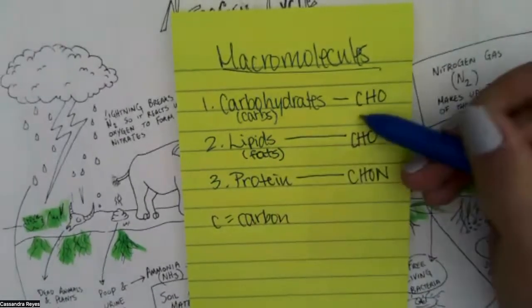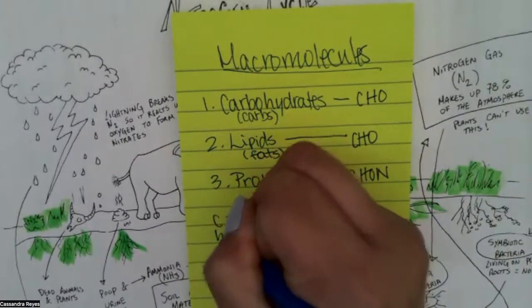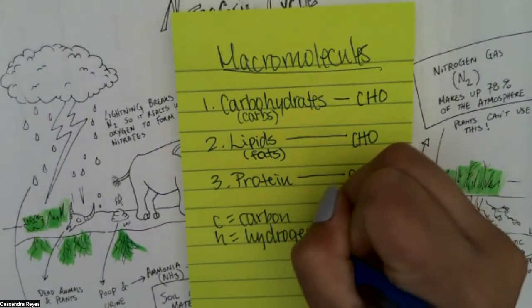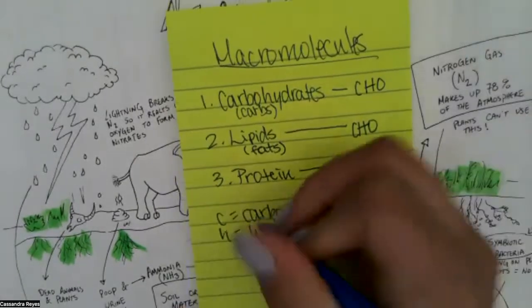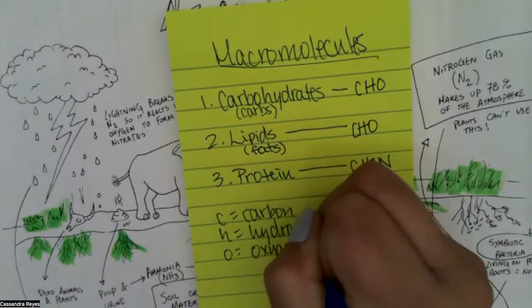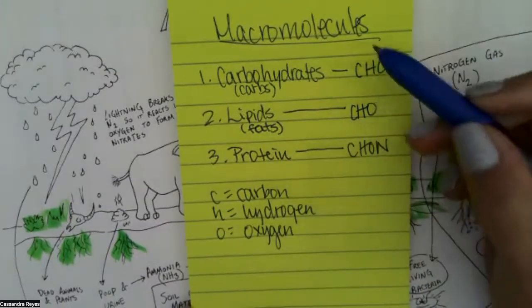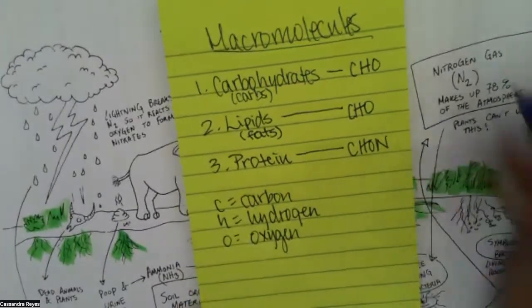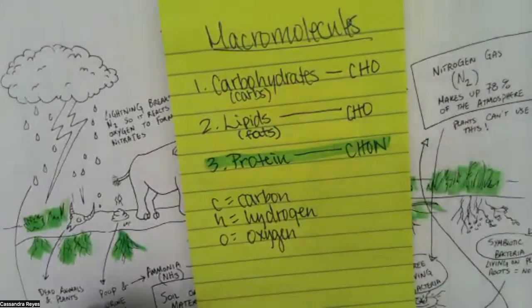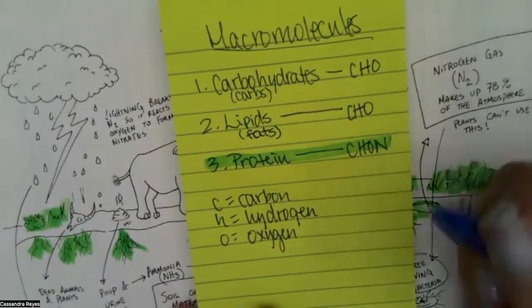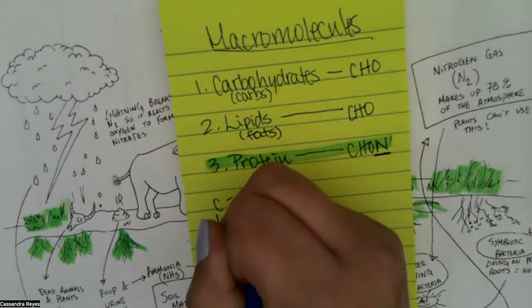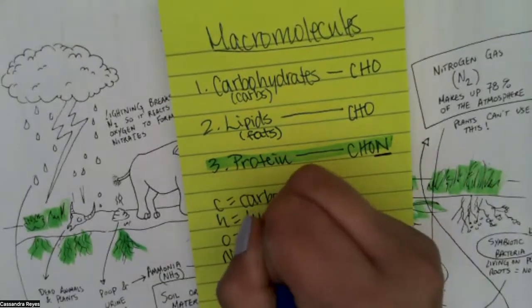Our H's are telling us hydrogen, and our O is telling us oxygen. So we have these 3 elements in every single one of these. However, one is not like the other, and that is our protein right here. And he's not like the other ones because he's got this little extra N at the end. And that N is going to stand for nitrogen.